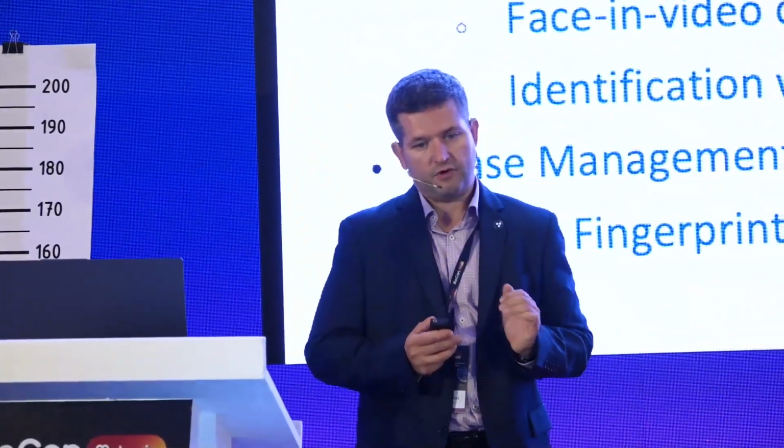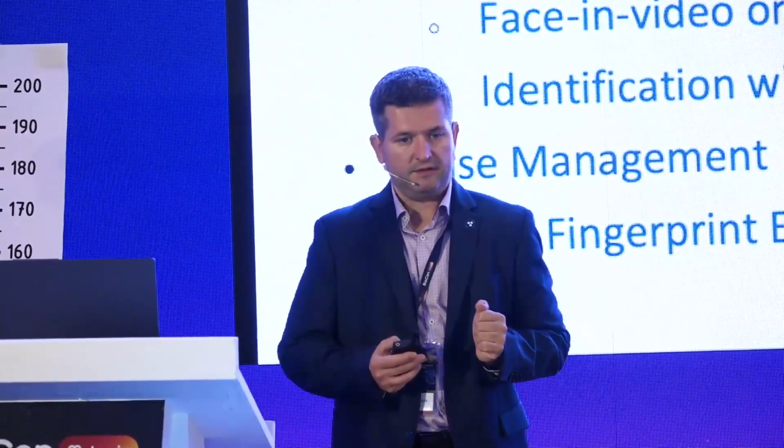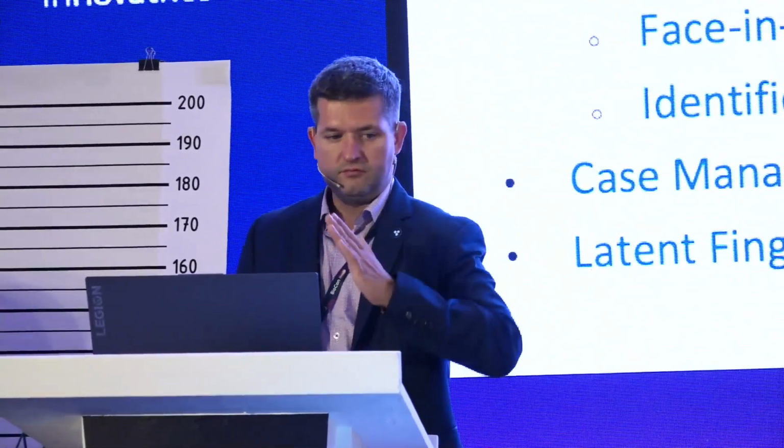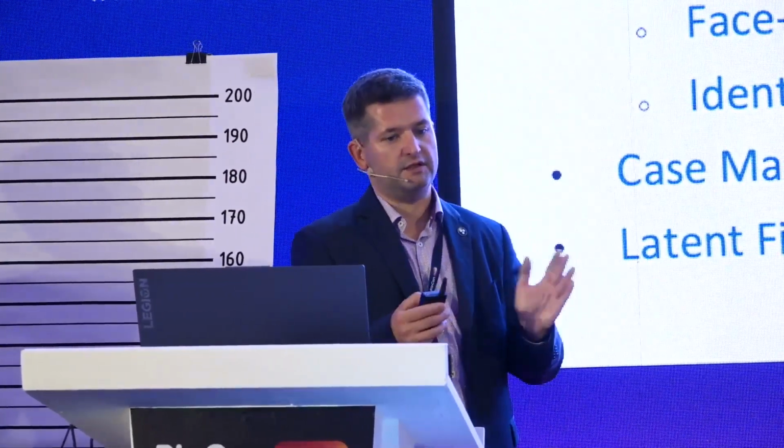Then we have another module for suspect identification. We can do different types of identification. So we can do 10-print to 10-print. We can do 10-print to rolled print. We can do latent print to 10-print, or even latent to latent.